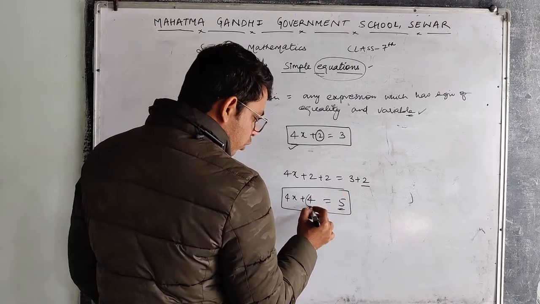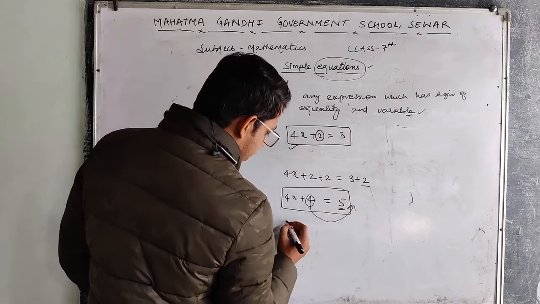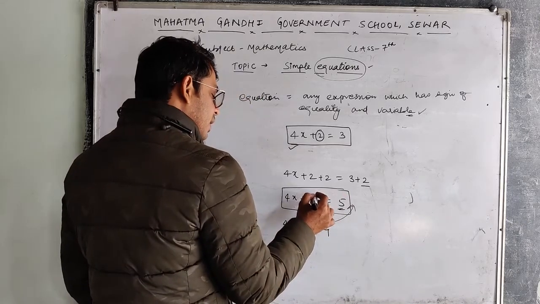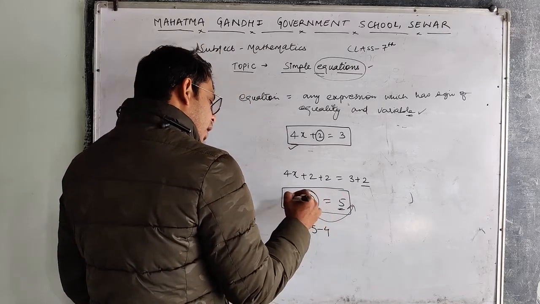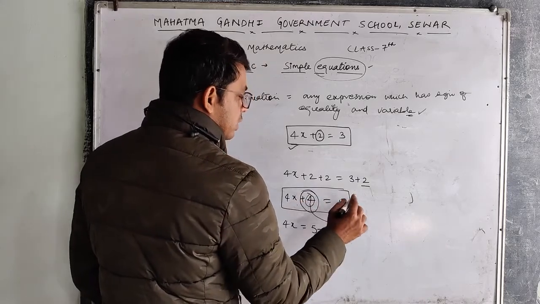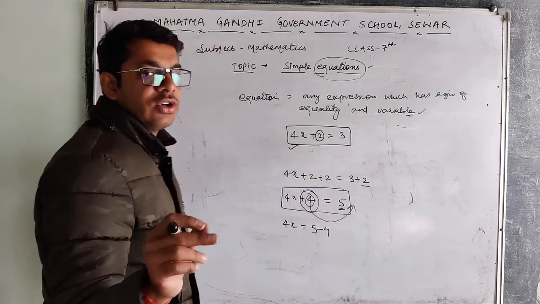If I move this to this side, what will happen? 4x equal to 5 minus 4. If we transfer any digit or anything from this side to this side, there will always be a change of sign.